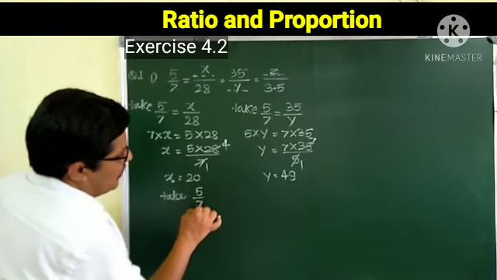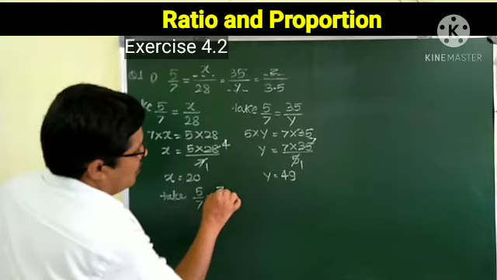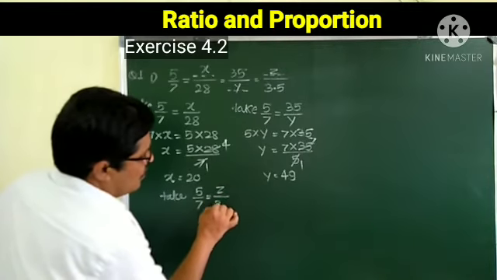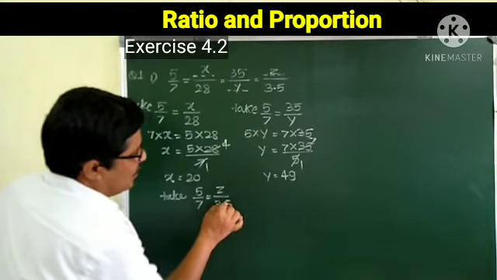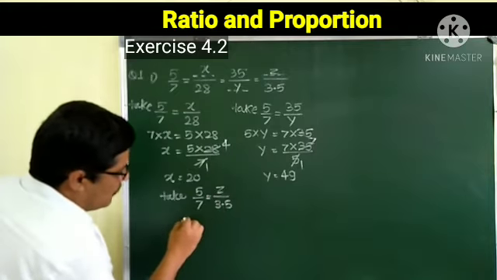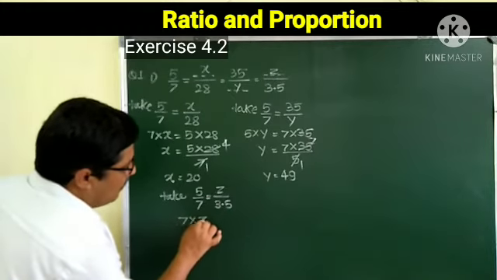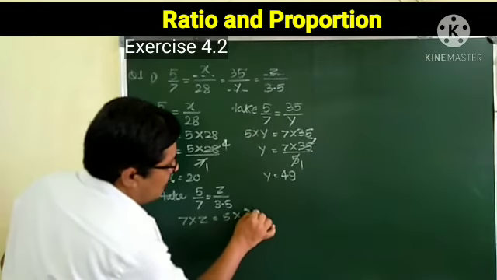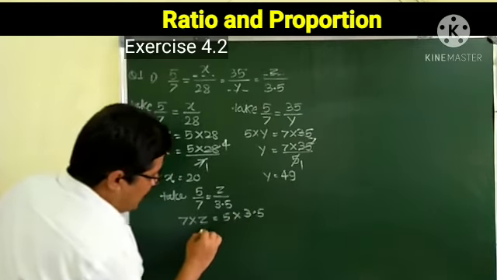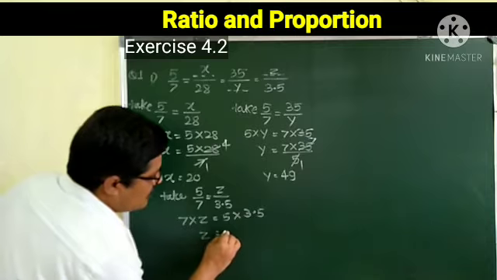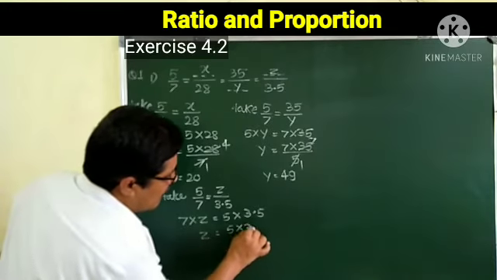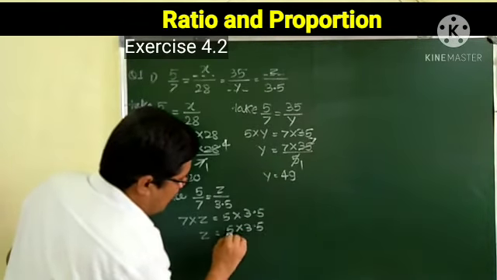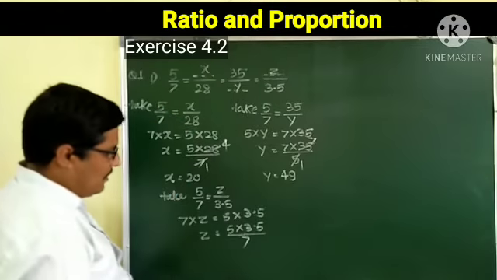And the third value, for that we will take 5 is to 7 is equal to z is to 3.5. We will take this cross multiplication first. So 7 multiplied by z is equal to 5 multiplied by 3.5. So z is equal to 5 multiplied by 3.5 divided by 7.